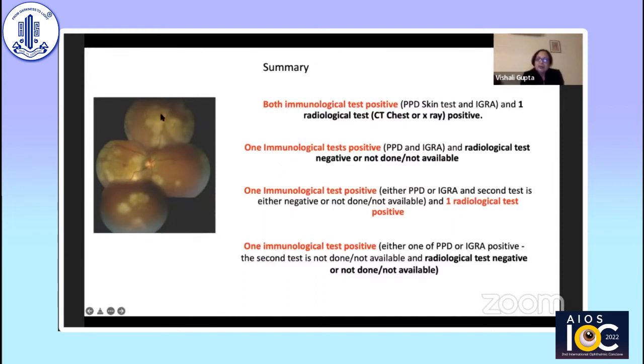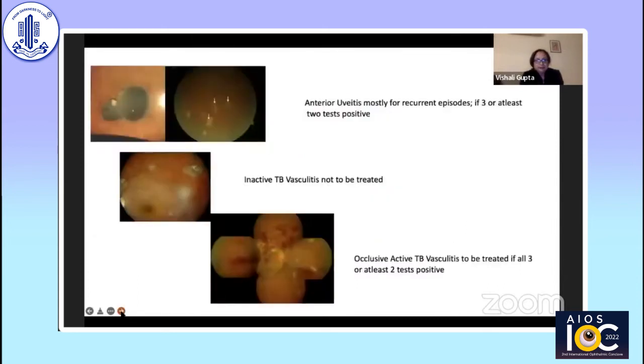Even if you don't have radiology, if both the immunologic tests are positive, you would still treat. And the phenotype is so typical that even if you have just one test positive, which happens to be Mantoux in an endemic population, 80% of the experts believed that it should be treated.